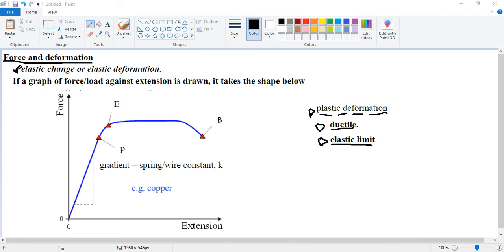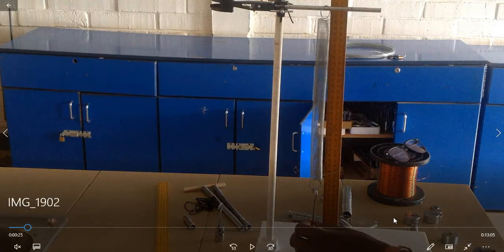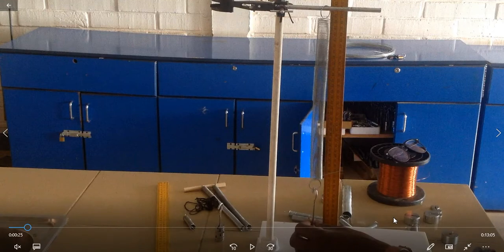I don't know whether you have seen such springs in the laboratory which have permanently been deformed.